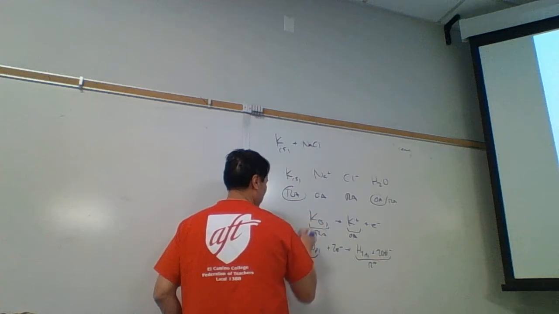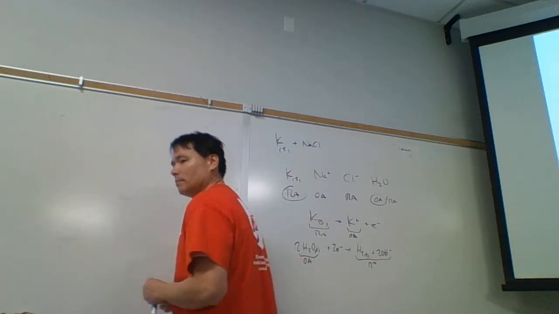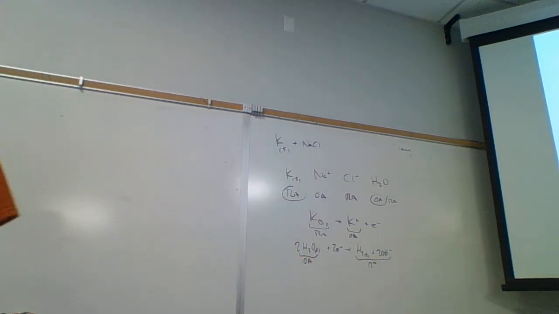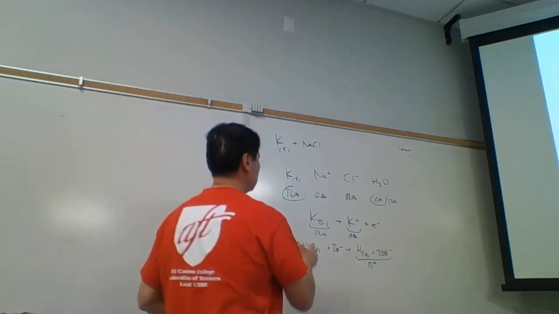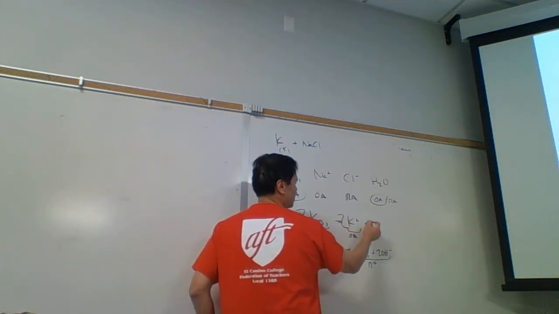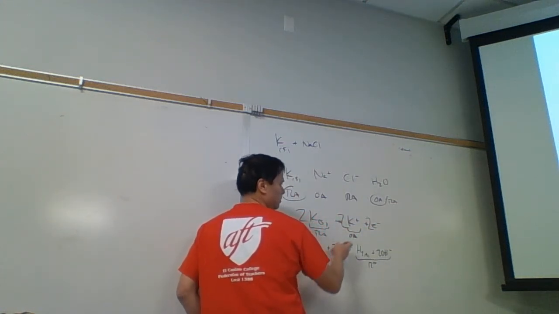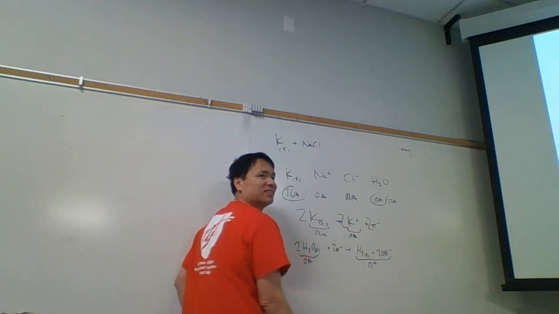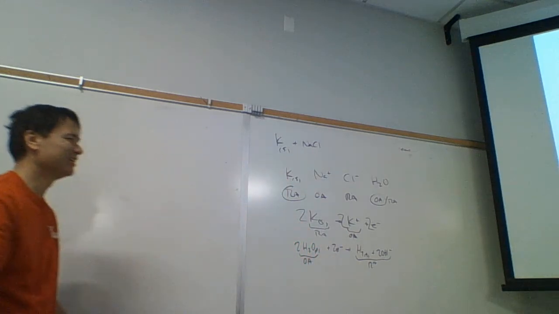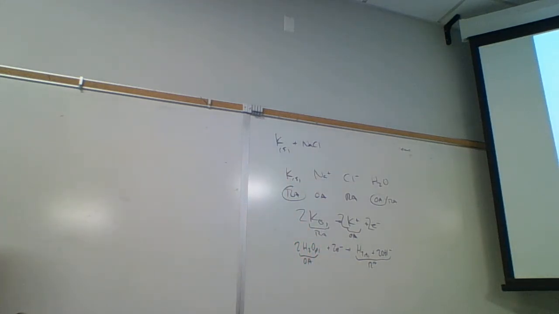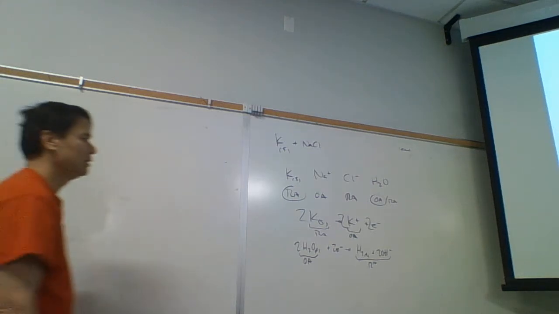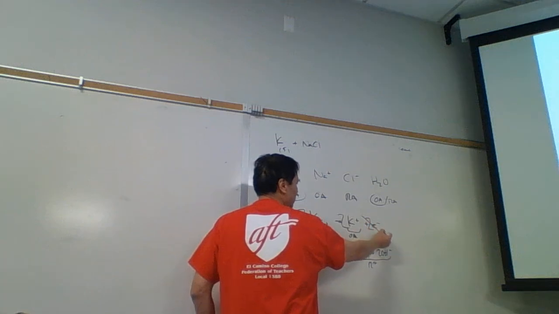So we're going to have two potassiums, right? Two potassium ions and 2 electrons. So now it's balanced, 2 electrons and 2 electrons. And then what do we do? We need the electrons to cancel, remember?